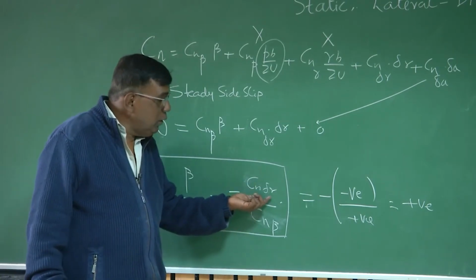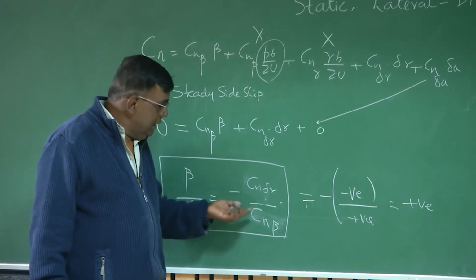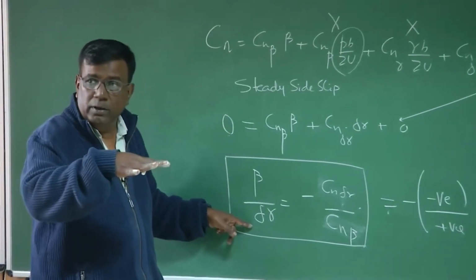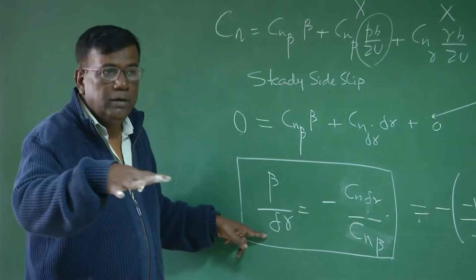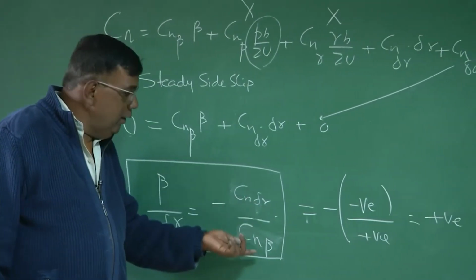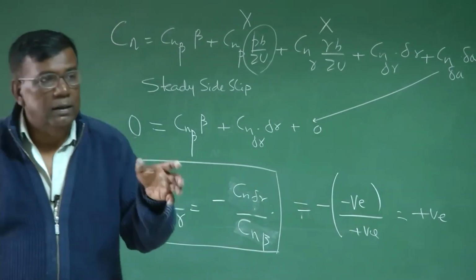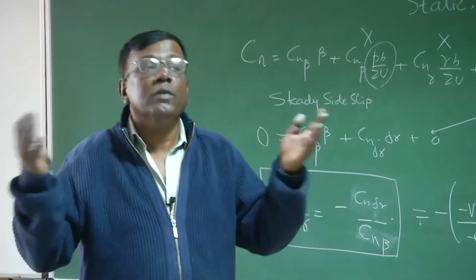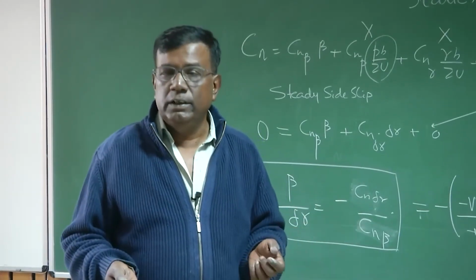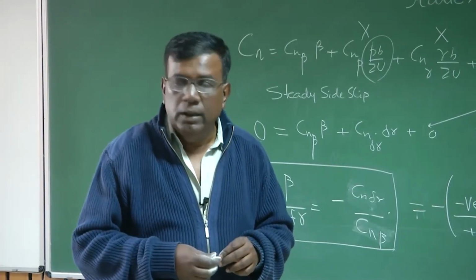So if you assume Cn delta R change will not be much, I can measure beta and delta R by doing different steady sideslip maneuvers, beta 2 degree, beta 3 degree, beta 4 degree, beta 5 degree, and then knowing the same delta R value, I can find out what is the new value of Cn beta. So you get an approximate variation. Whether this change has caused a large variation or not, that is important. And if it is not, fine, you carry on with this, otherwise you go for a huge flight test exercise. So do you understand?